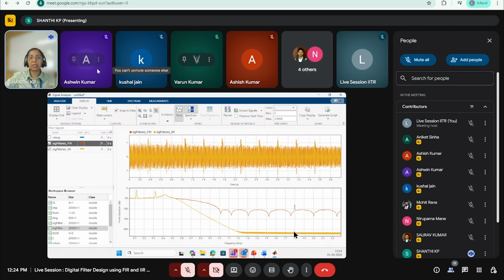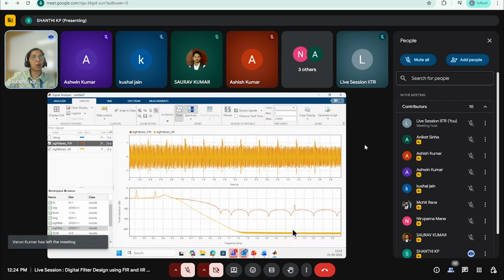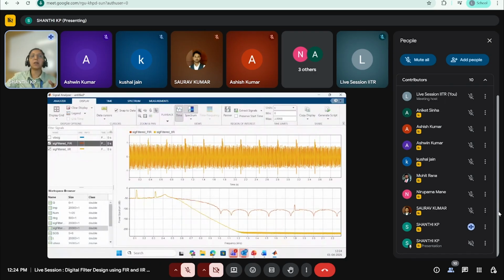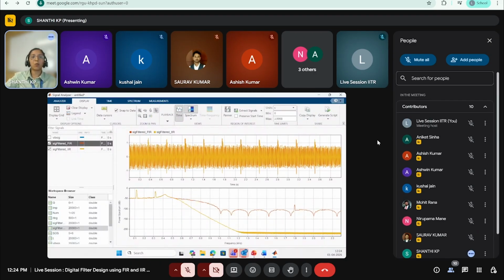This doesn't mean that the FIR filter didn't meet our requirements or expectations. But the choice between FIR and IIR filter is highly dependent on the application, on what follows next after signal denoising. So both have their own advantages and disadvantages. Depending on the application or the design requirements, we can select between FIR and IIR filter.